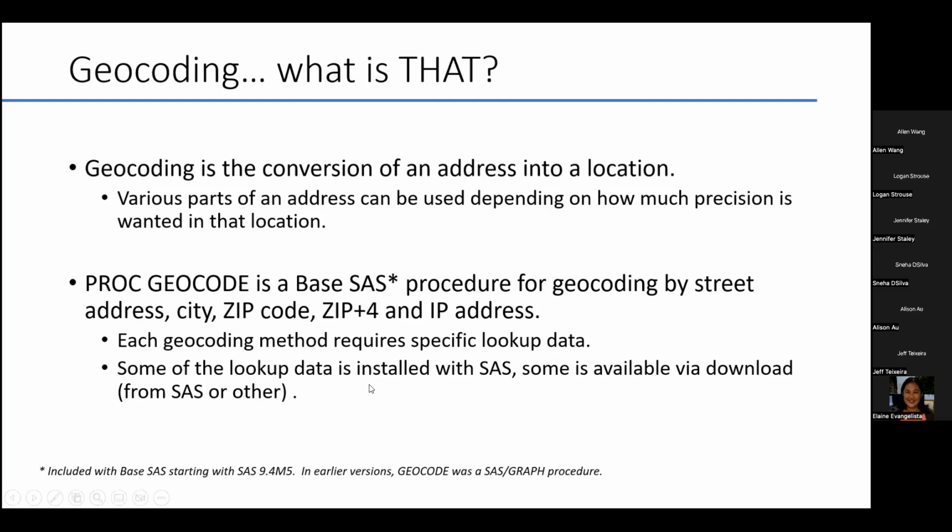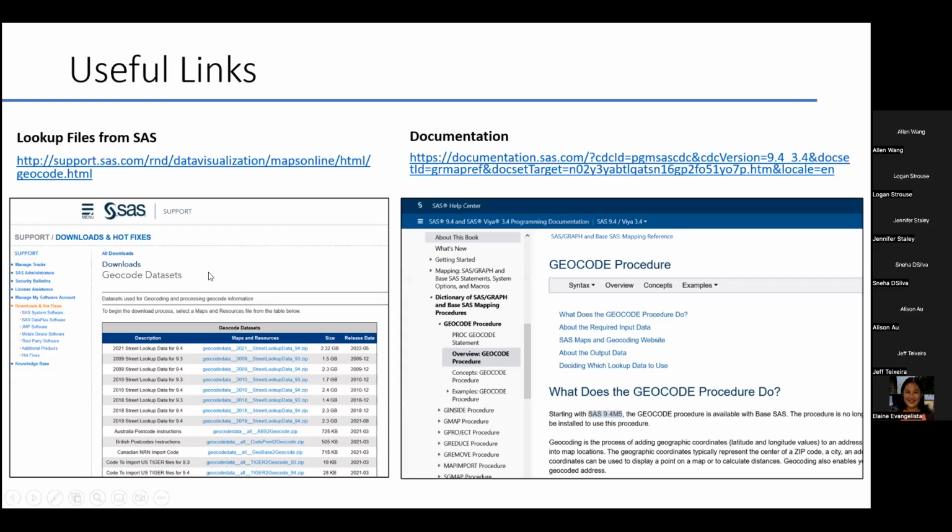The only catch is that, especially for street geocoding, you are going to have to download some lookup data sets directly from SAS. I've included those links here and some screenshots where you can find those lookup files. It's a zip file of a little over 2 gig.